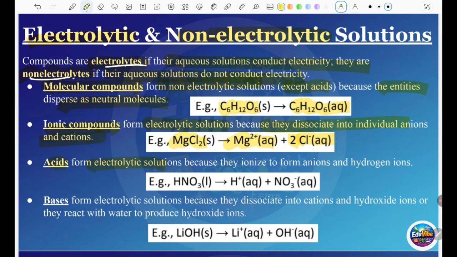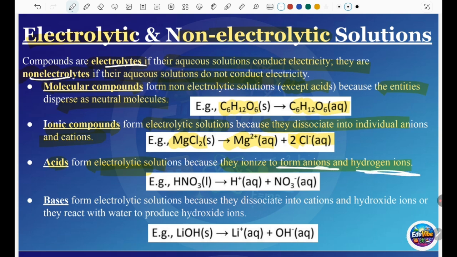Acids are again electrolyte solutions because they ionize to form ions and hydrogen ions. What are the hydrogen ions? In the top acids from your table, they all start with H. They all involve H in acid. That's why when we ionize them, we form ions and hydrogen ions.